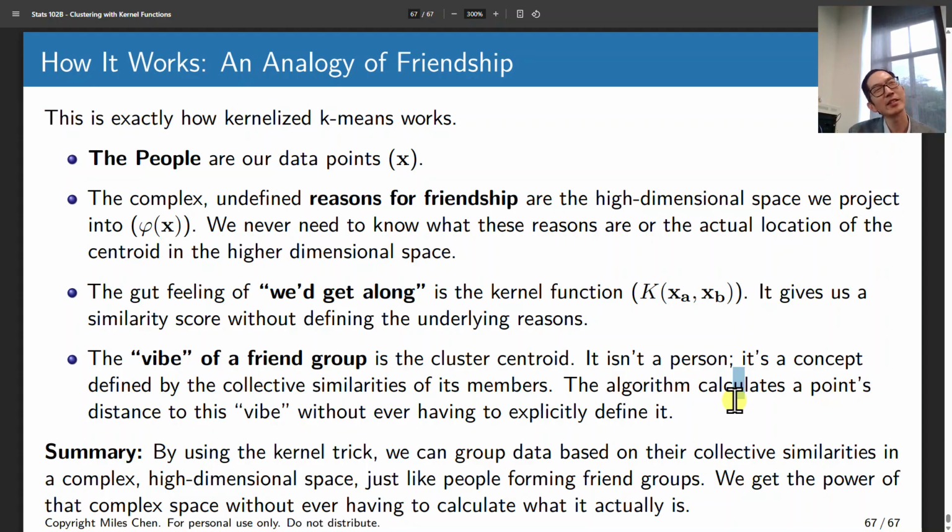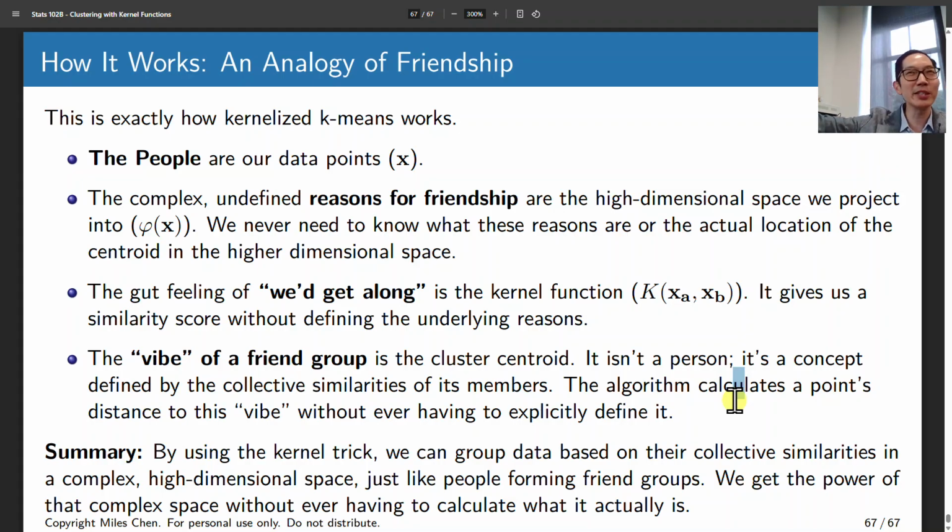But we kind of do something like that by saying, okay, here's a group of people, and I feel like I'm going to get along with them. Even if I can't really define what this group represents, I can say, well, I get along with that individual and that individual and that individual.